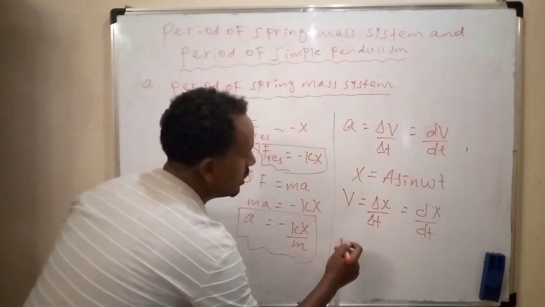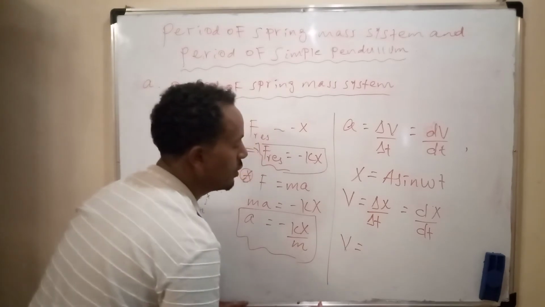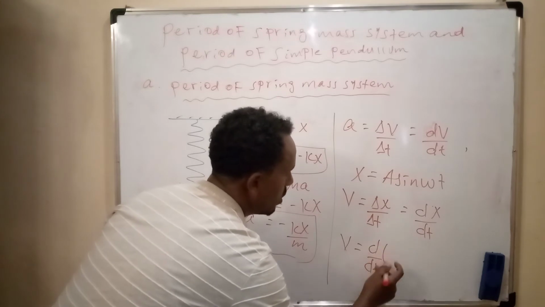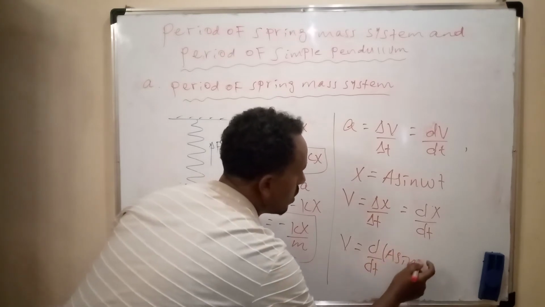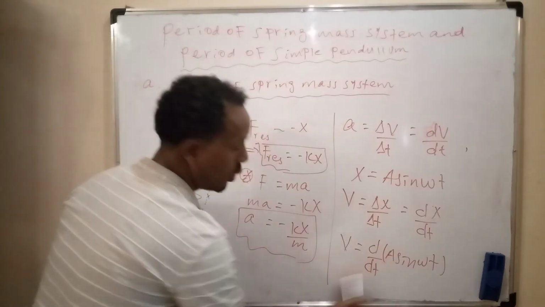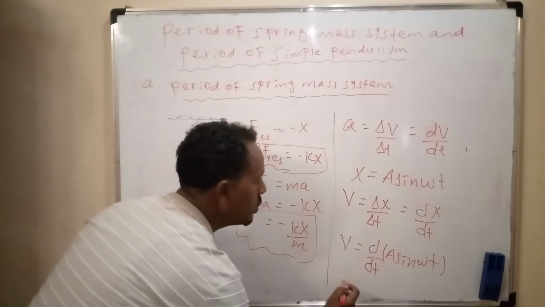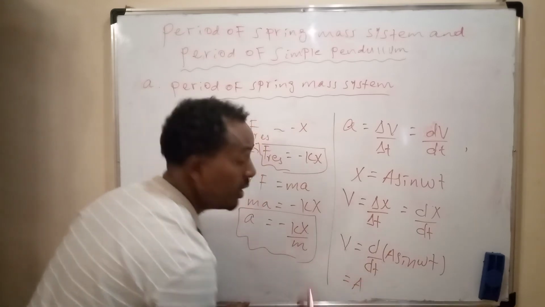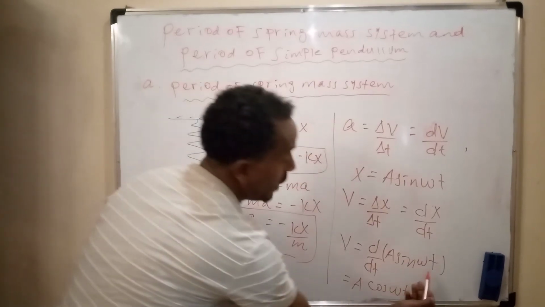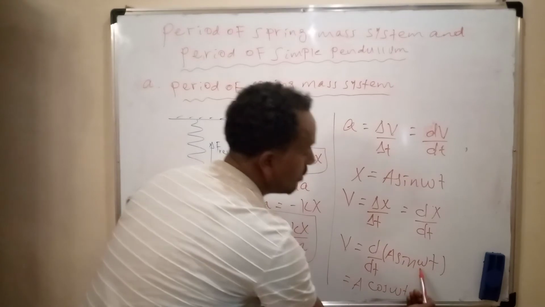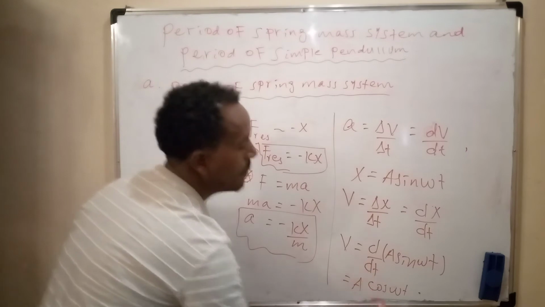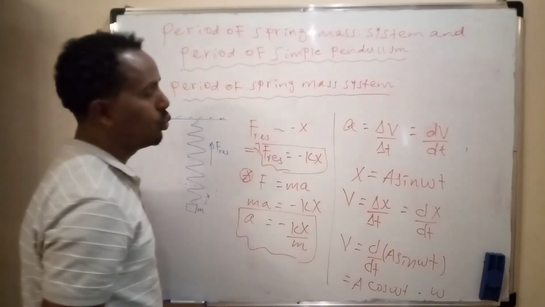Finally, the velocity for simple harmonic motion is equal to d by dt of A sine omega t. A is constant, the amplitude. The derivative of sine is cosine omega t, and the derivative of the inner function omega t with respect to time is simply omega.